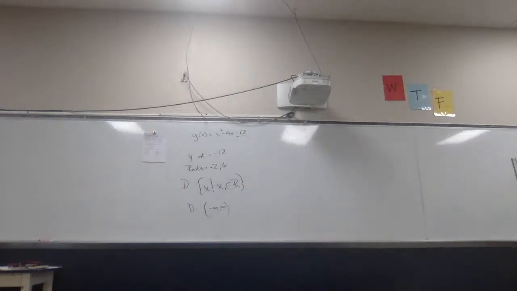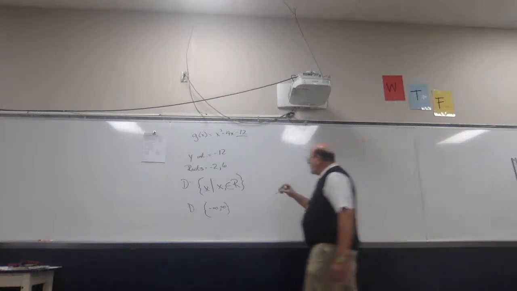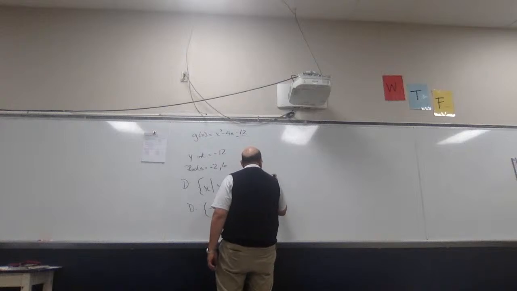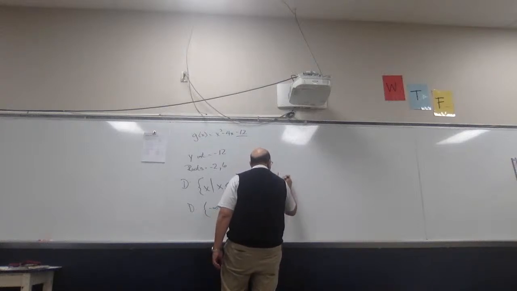When do we use the brace? We use the brace when we're talking about the range, right? So our range is what? Negative 16 to infinity. All right, so we're talking about the y's.